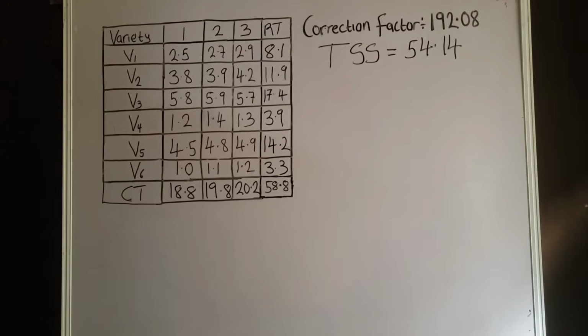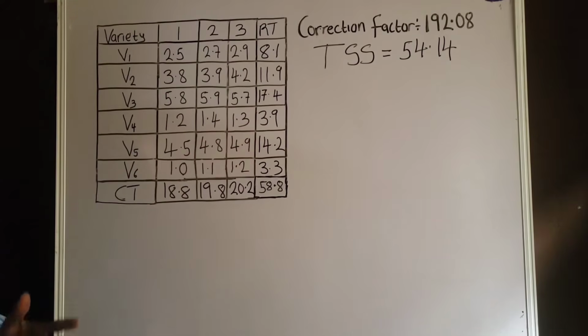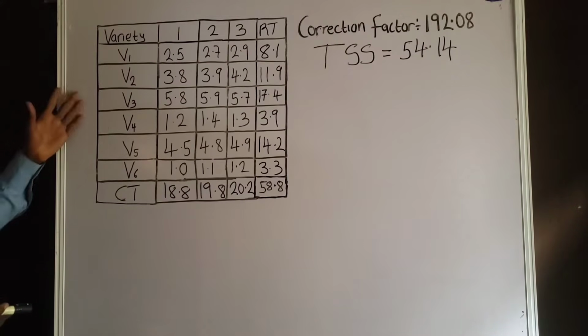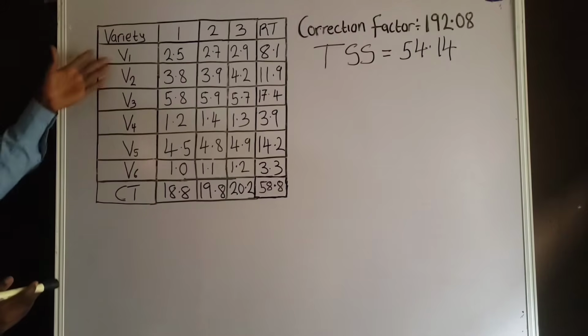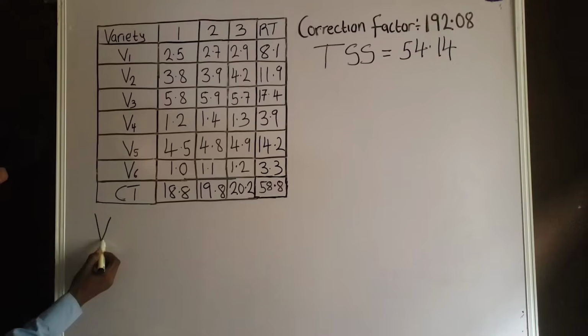After getting the total sum of squares, the next step is to calculate the treatment sum of squares. In this question, the treatment sum of squares is also known as the variety sum of squares, because the treatments we are dealing with are varieties.